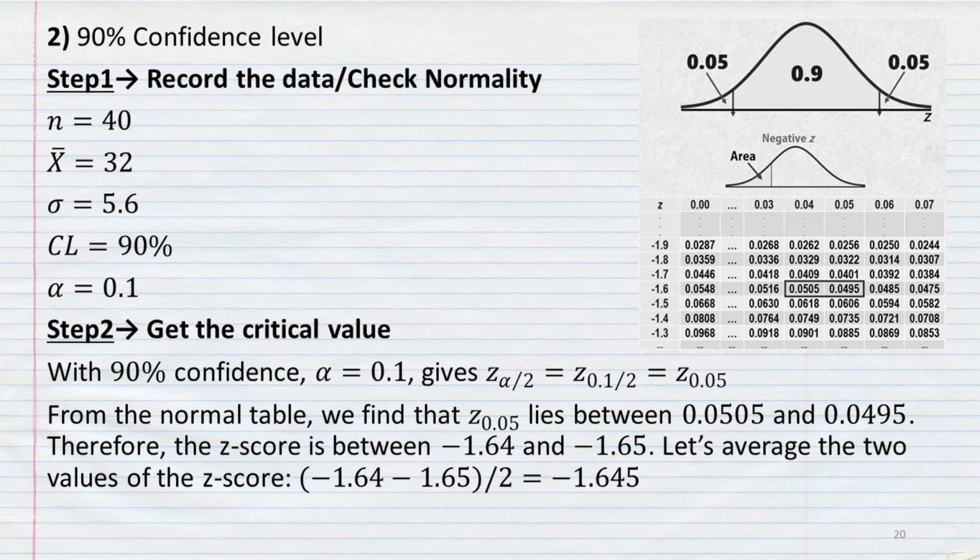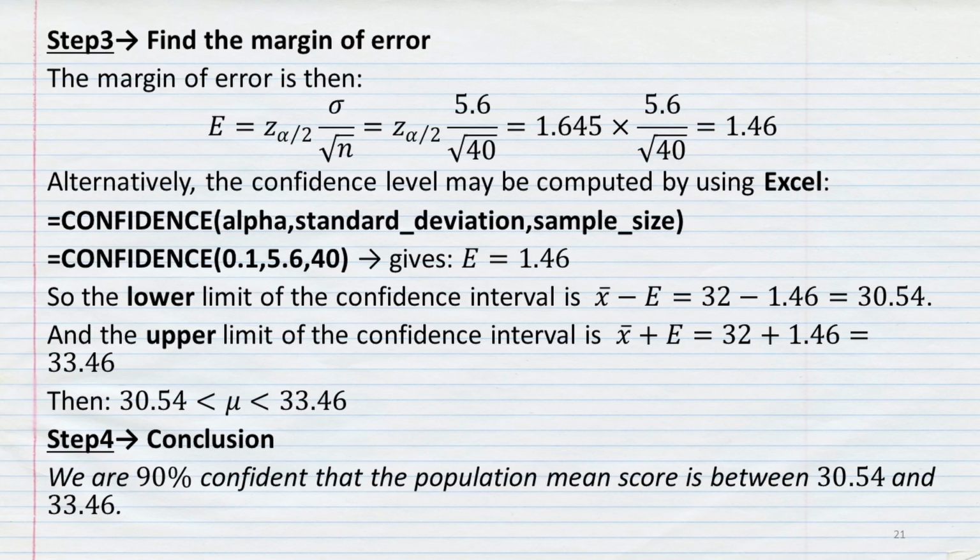Question 2. Let's redo the problem with 90% confidence level. Step 1. Record the data or check normality. Step 2. Get the critical value like before to find a z-score of 1.645. Step 3.